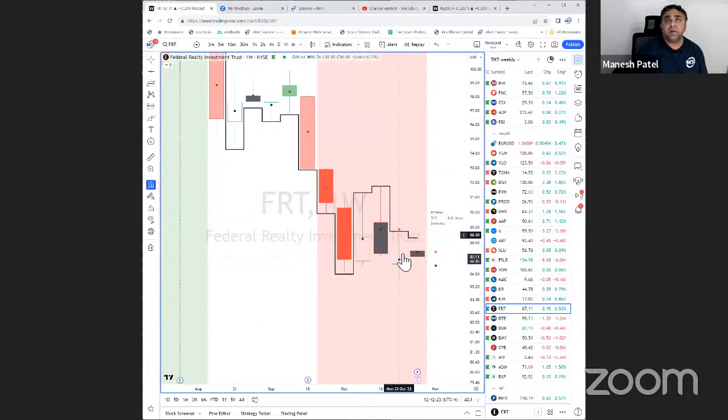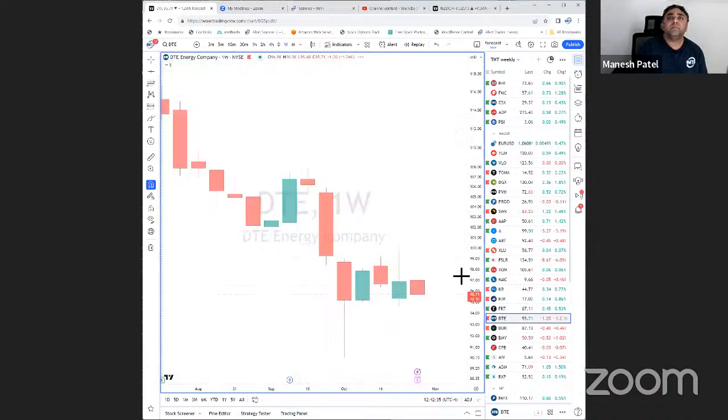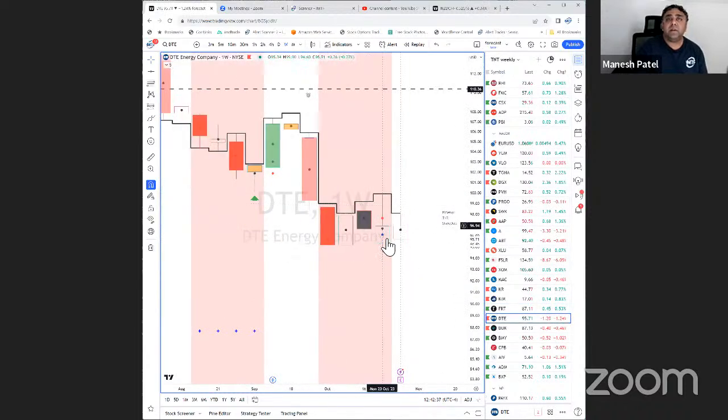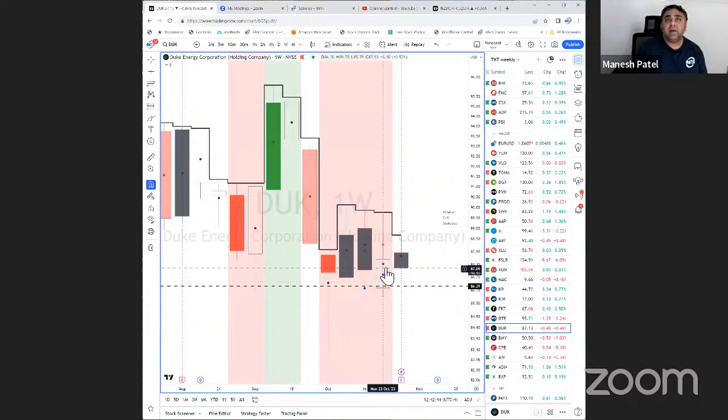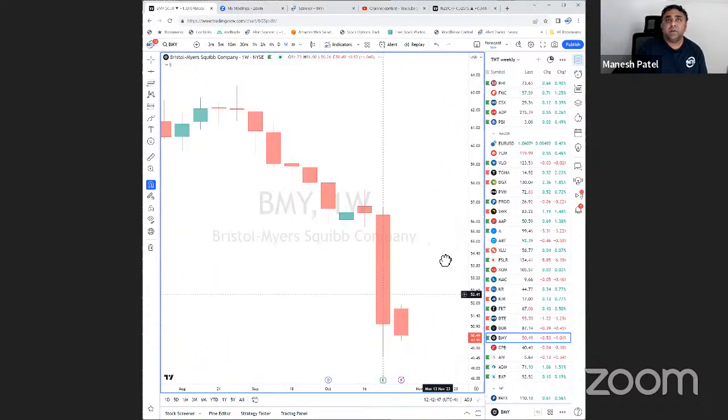FRT, this is a trade we entered, and you can see it was gap down, came down, everything here. This is a trade that was basically here profitable. So that's 9-1. This is a trade, gap down, never came back to the entry, so no entry. Same scenario, gap down, never came back to the entry after filling the gap.